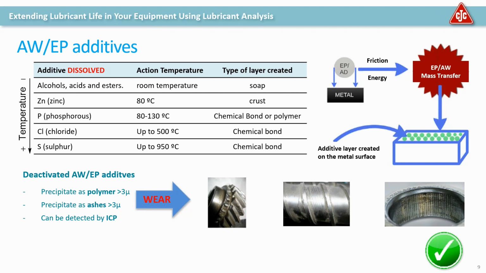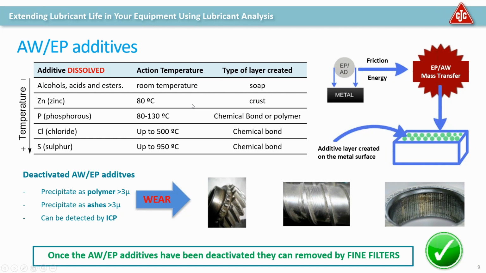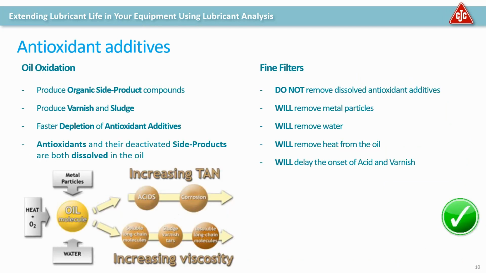And so therefore, we can conclude from this that once those anti-wear EP additives, as it mentions there, have been deactivated, then they can be removed by fine filters, which is a scenario that you want, because at that point they're spent additives. You no longer want them in your oil.